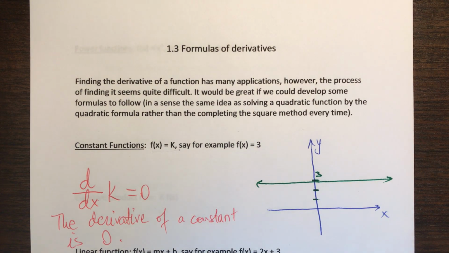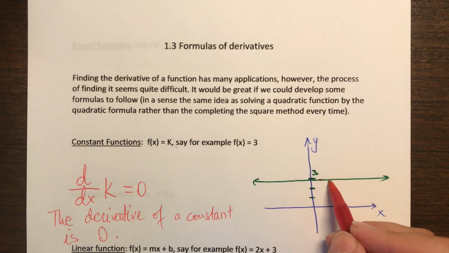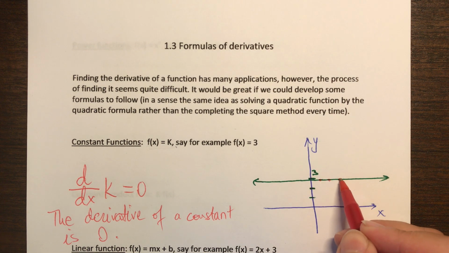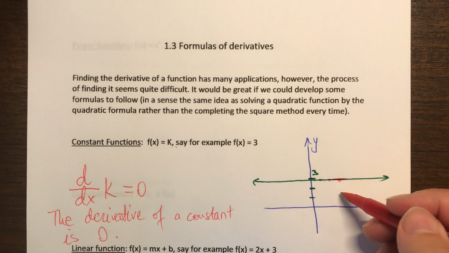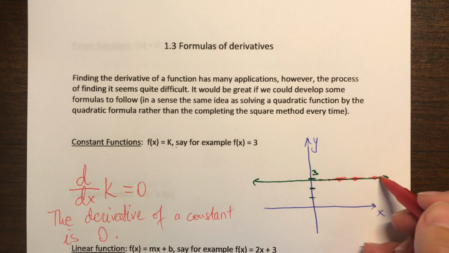What does that mean? As you see, what does the derivative mean? It's the slope of the tangent line, yes? So if you pick any point on this line and you want to draw the tangent line to the graph, a tangent line is a line that's going to touch it, not cross it, okay? So as you see, any tangent line to a line itself is the line itself.